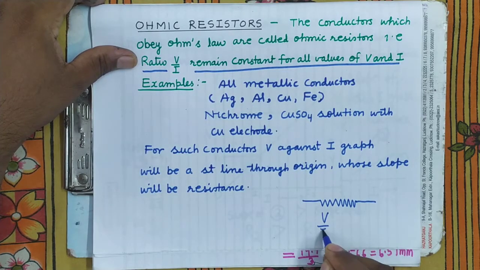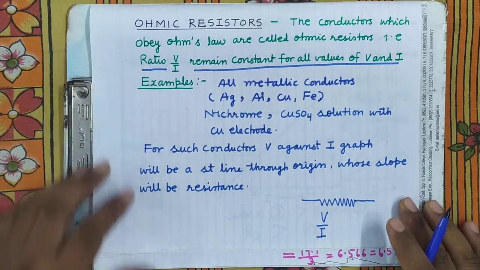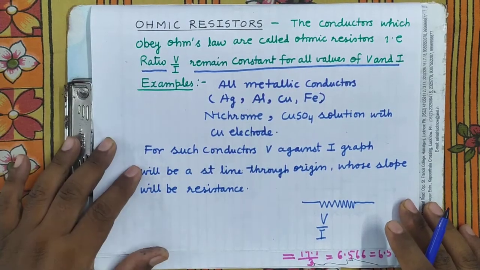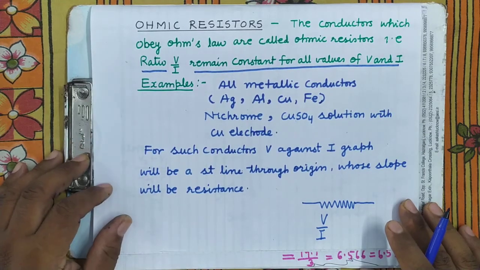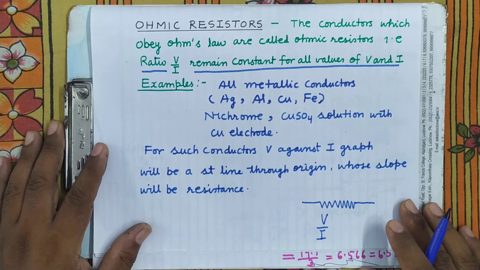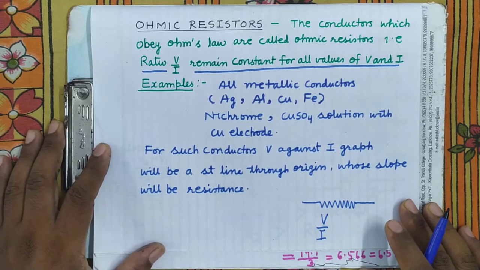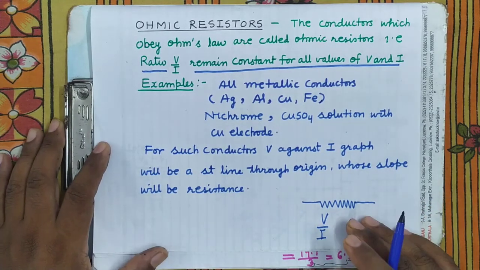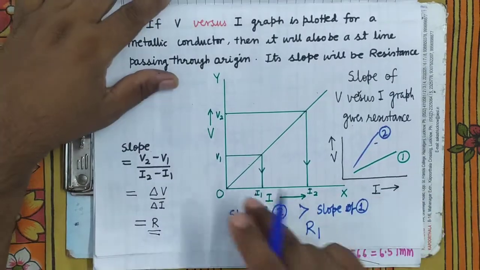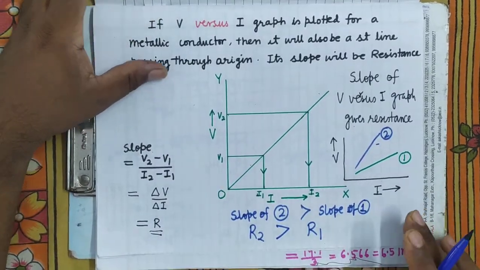But that change will also be negligible. That's why metallic conductors are assumed as ohmic conductors for a moderate range of temperature. Their V versus I graph will be a straight line passing through origin. The slope of that graph will give the resistance.